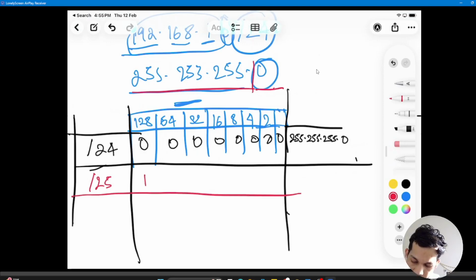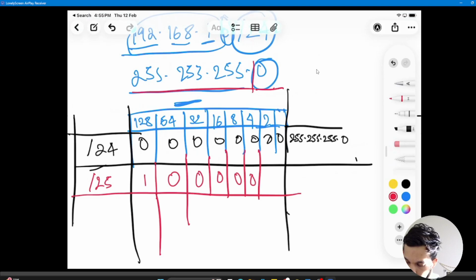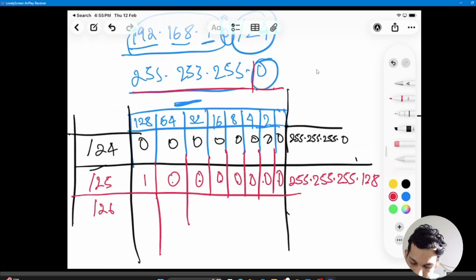So the netmask will be 255.255.255.128, since the value of the first bit is 128. Then /26 adds two bits: 1 1 0 0 0 0 0 0.